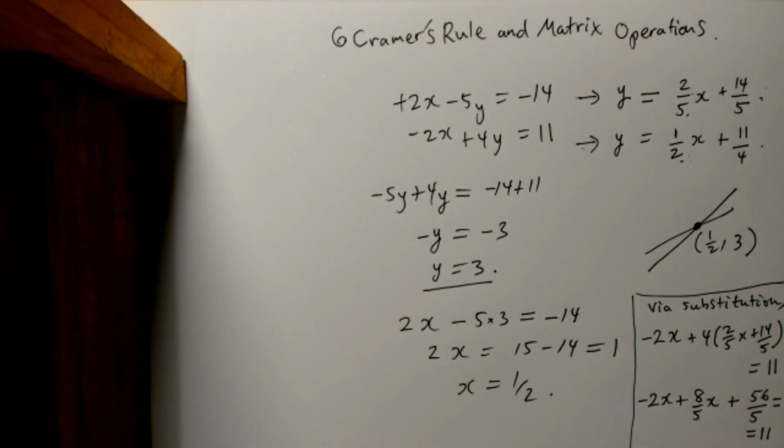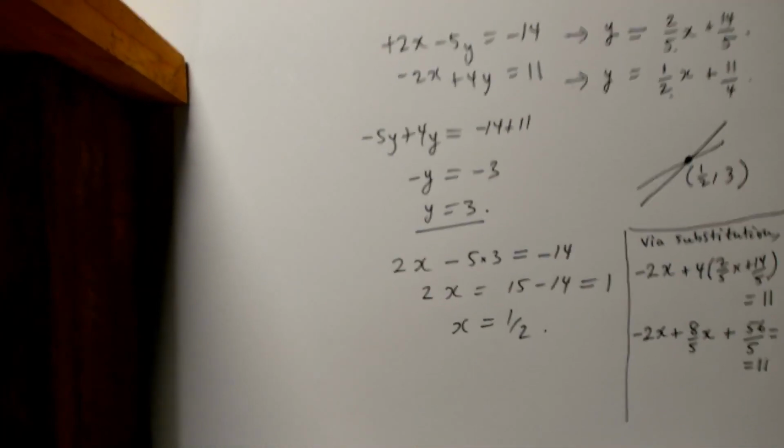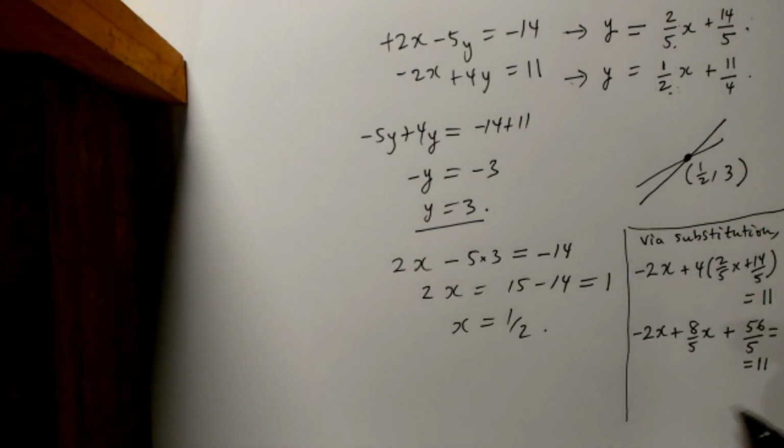Okay, so it looks like the fractions are a little bit more painful to deal with here, but you should get the same result. So anyway, carrying on with this, slide the paper down a little bit. So we want to add the two of these, but we need a common denominator of 5. So we'll view that as 8 minus 10 all over 5 times x. And then this will take over to the right-hand side.